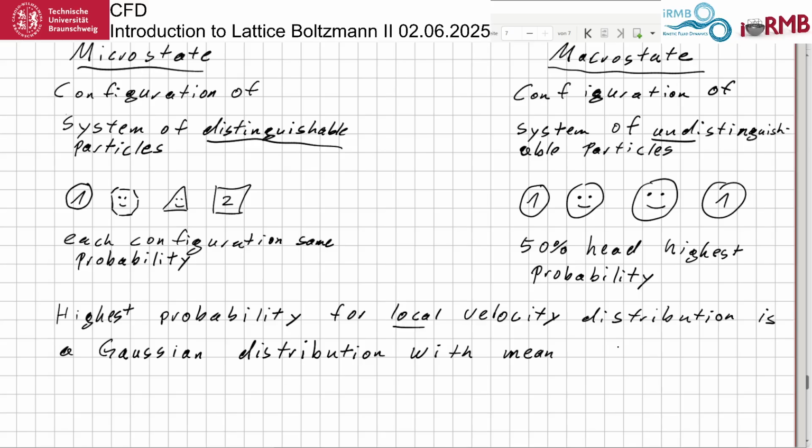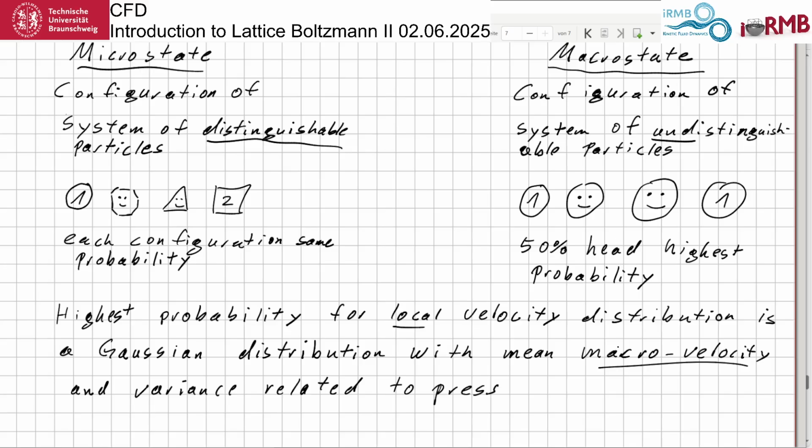The mean is the macro velocity, and the variance is related. So this is again a little bit stupid because there are these multiple definitions.